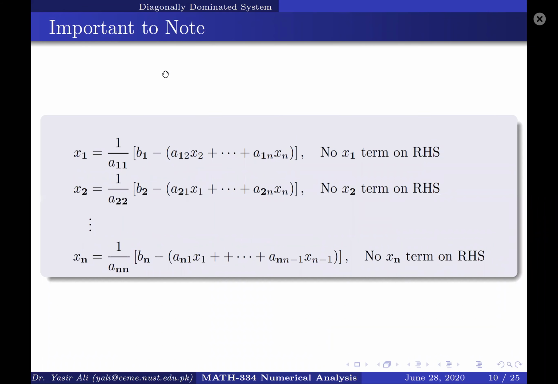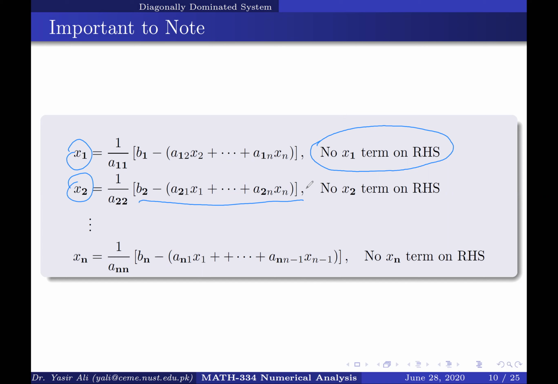What is important to note here is that you will not find any x1 term on the right hand side in the expression for x1, and in x2 you will not find x2 on the right hand side, and similarly in the case of xn you will not find the xn term on the right hand side. This is the type of system which we write.